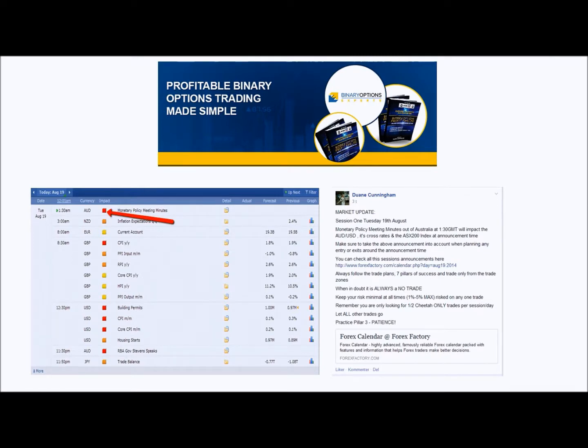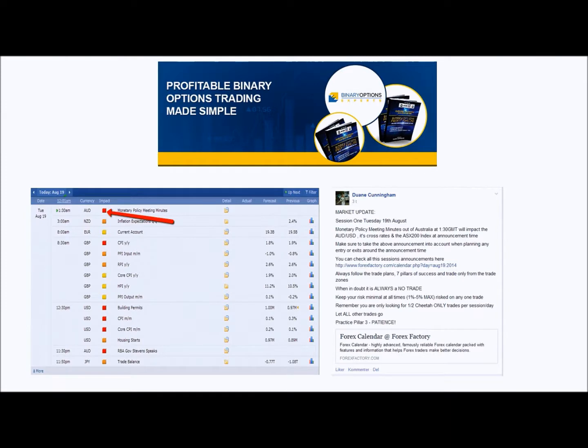You can also see on the left side here on Forex Factory that 1:30 a.m. GMT time, it's a red announcement, right? So today we don't have any other announcement that we should be aware of other than this red one. But as I said, sometimes Joern puts in the market update about orange and yellow announcements.